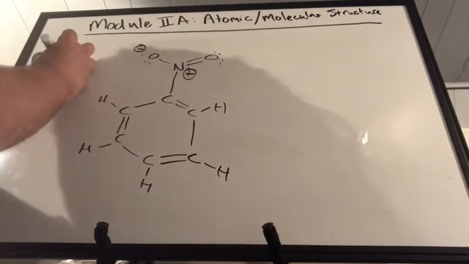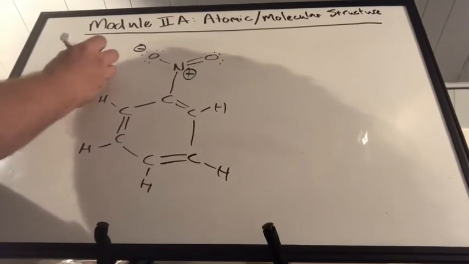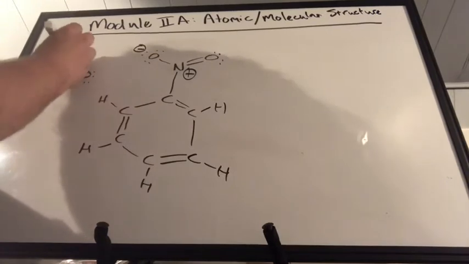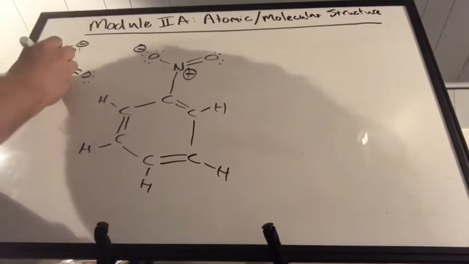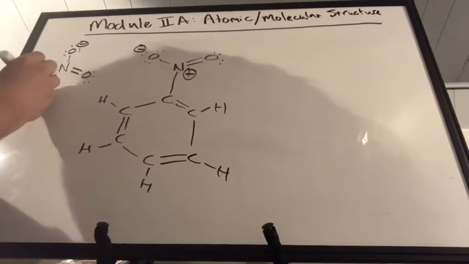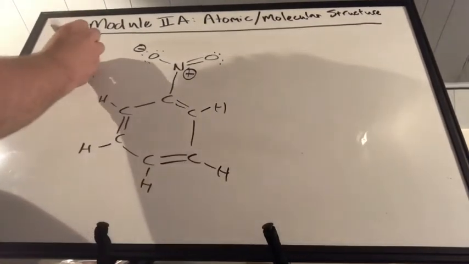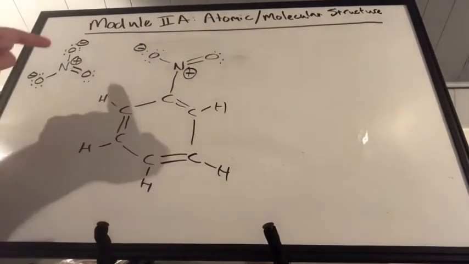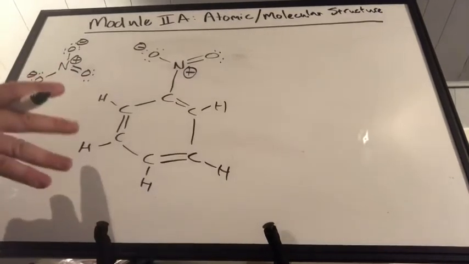So that nitrate is going to look like so. Okay. So remember that particular particle is a polyatomic anion, but it's still a particle, right?